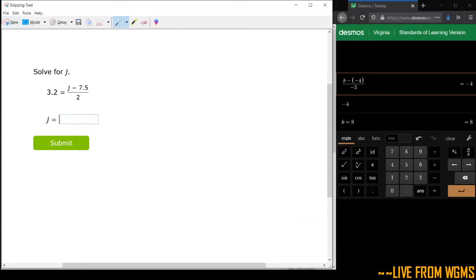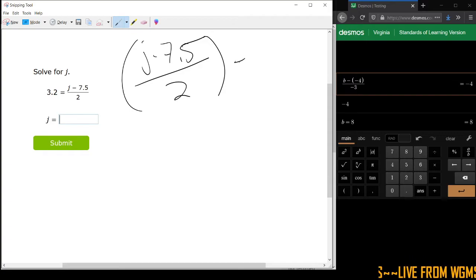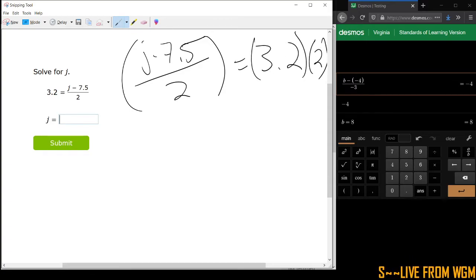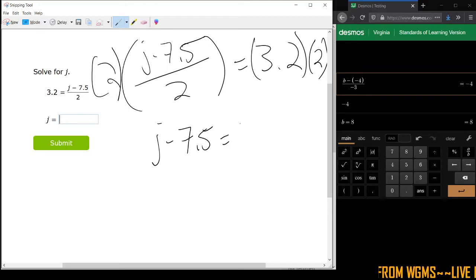Still same setup. Let's have j minus 7.5 over 2 equals 3.2. Multiply both sides by 2. Should be pretty simple so far. So I have j minus 7.5 is equal to 6.4.